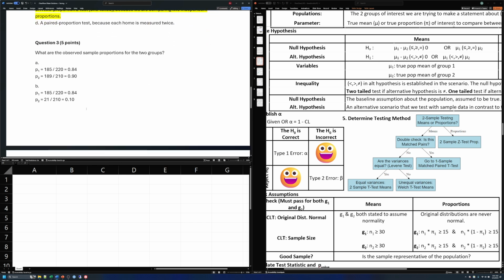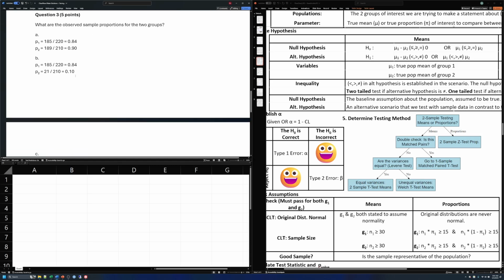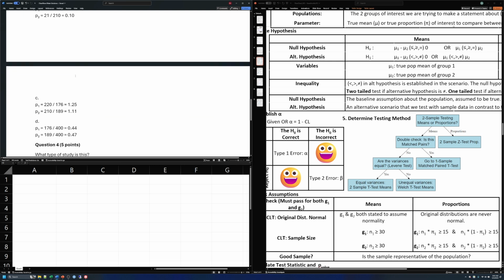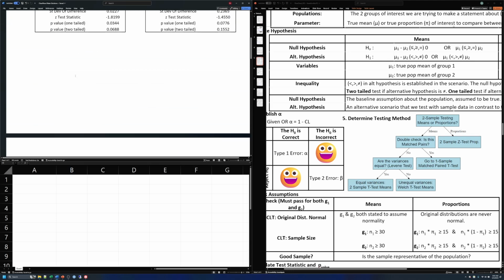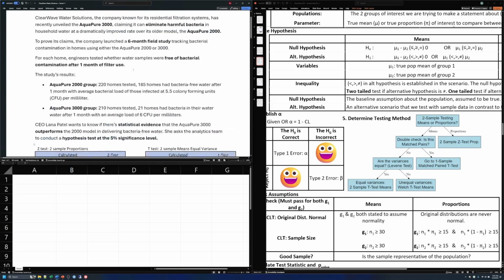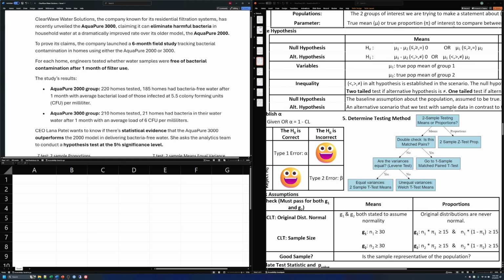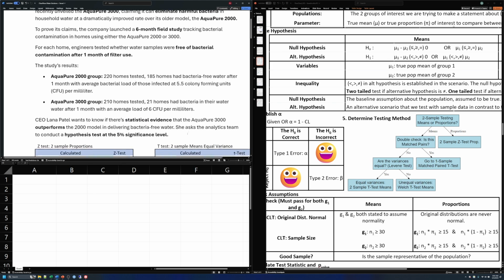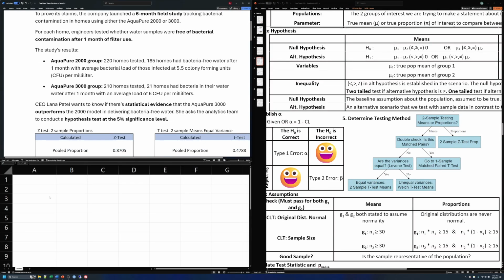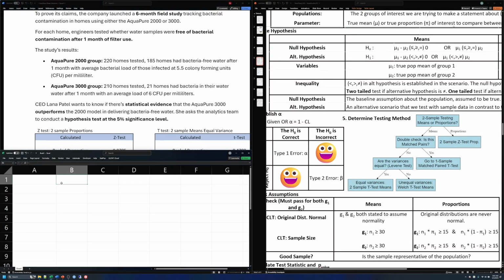Excellent. Next it's saying, okay, what are the observed sample proportions for the 2 groups? So it's just wanting us to calculate group proportion 1, group proportion 2. Let's go ahead and calculate them out. And we can see that there is a common misdirection in here that we can look at as well. So this is the AquaPure 2000 and 3000. I'm just going to go ahead and label these AquaPure 2000.